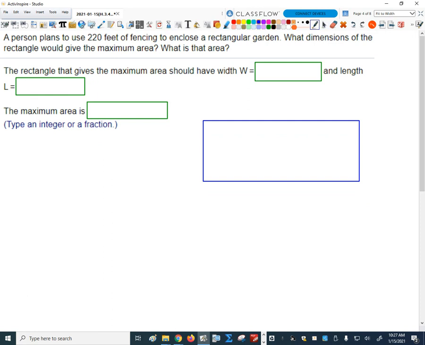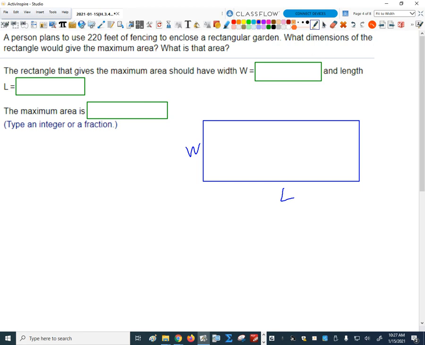We said that the width is W and the length, I guess we'll call that's maybe the length, I guess. I don't know. Probably should be the other way around. That seems backwards, doesn't it? That should be probably the length. Not that it matters, and that's the width. We want to find the maximum area.